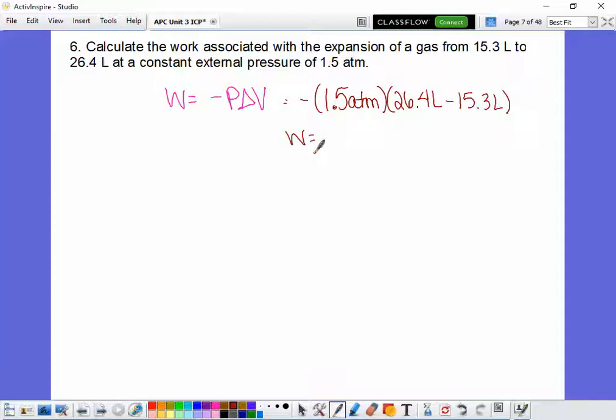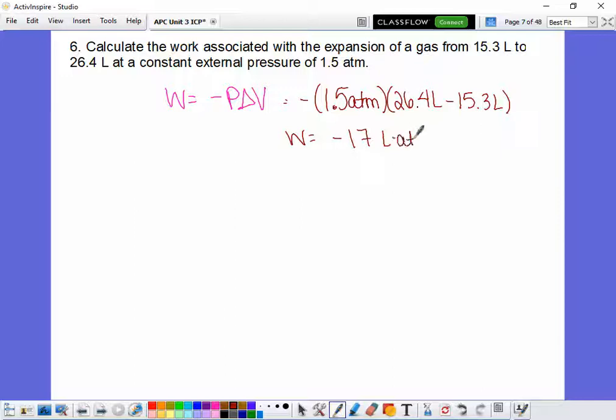It's a good way to predict what your answer should be. Sig figs: we only had 2 sig figs for the pressure, so it'd be negative 17.